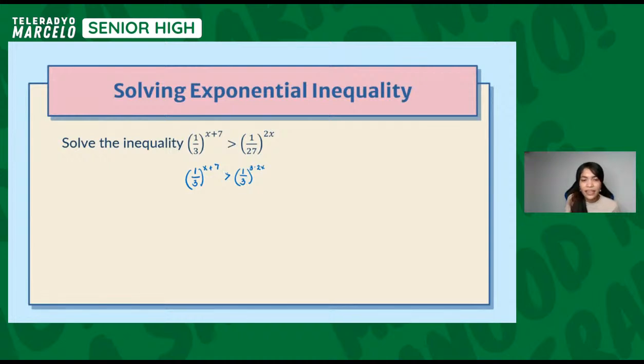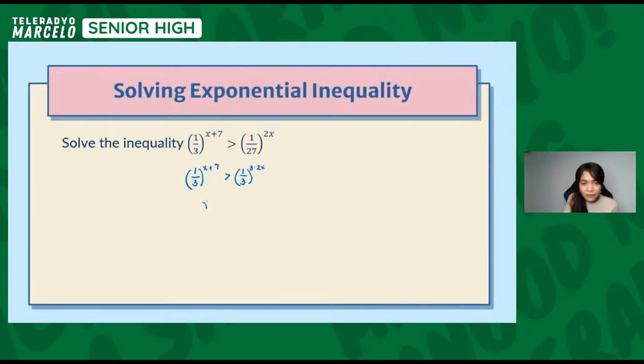So now, applying the property of exponential inequality, we have to assess on which case it falls. So our base here is 1/3, which we know that this value is between 0 and 1. Is that right? Meaning to say, if we rewrite our exponents, we have to change the direction of our inequality symbol.